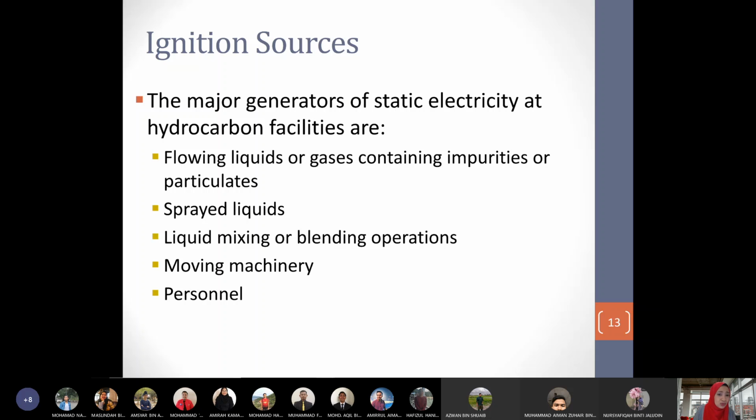Spray liquid is also a source of ignition, because spray liquid has different charge. Mixing of liquid or blending operation is also a potential source of ignition. Why is this? Different types of liquid, if you mix them together, have different kinds of ions.